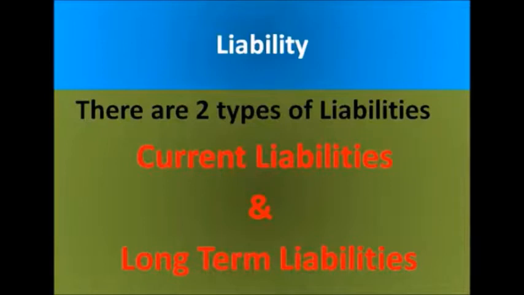For example, if we buy goods from our suppliers and we don't pay for the goods, then we need to pay the liability within a year's time. Such a liability is known as trade payable or accounts payable.